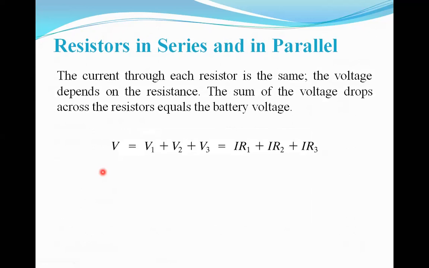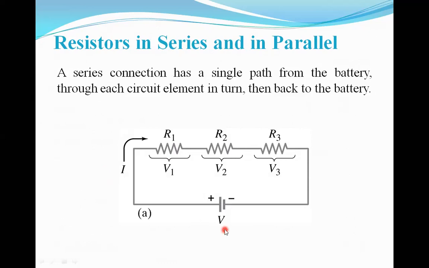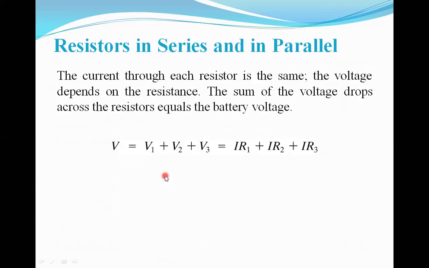So how will we calculate? Suppose the total source voltage V should be equal to V1 plus V2 plus V3. What is V1? V1 is nothing but I, the current flowing through each resistance, times R1. So this comes to I R1 plus I R2 plus I R3, or simply I times (R1 plus R2 plus R3).